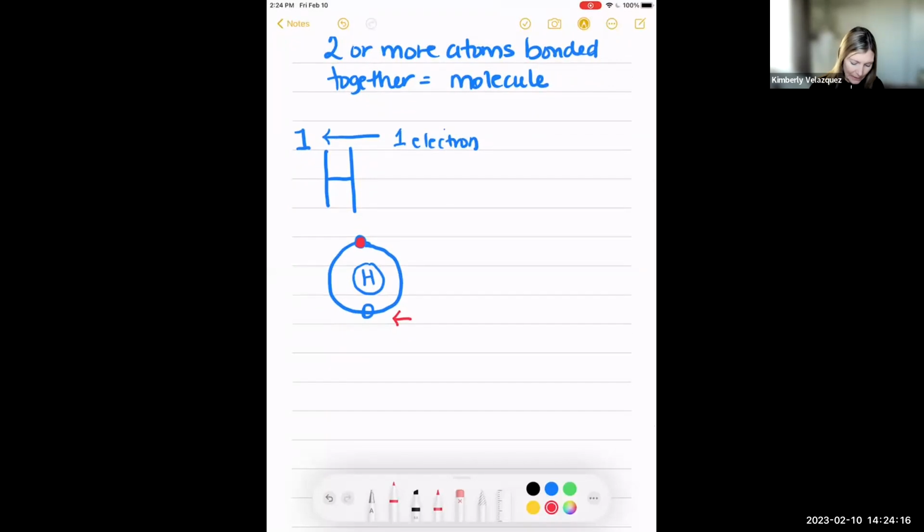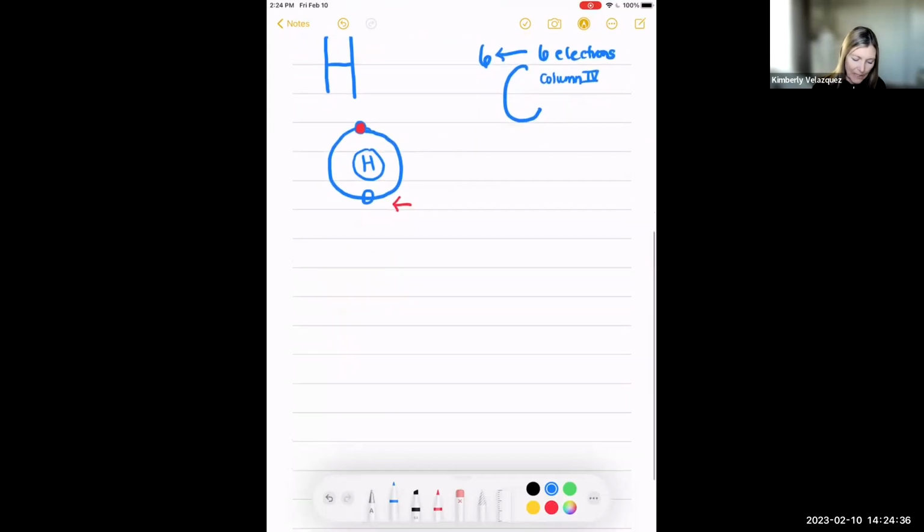Okay, similarly, let's look at carbon. Carbon is atomic number 6, which means it has 6 electrons total. And it's in column 4. So column 4 tells us that carbon has 4 valence electrons. The other way we can know that carbon has 4 valence electrons is to sketch it.